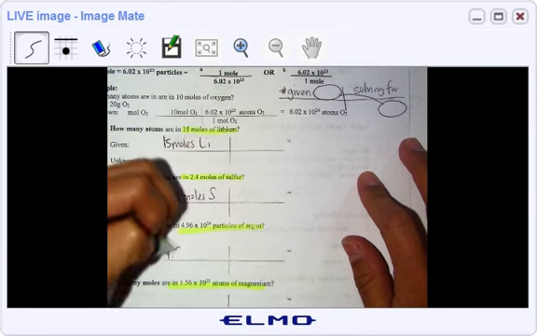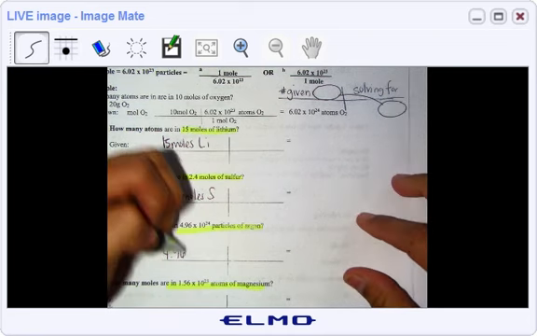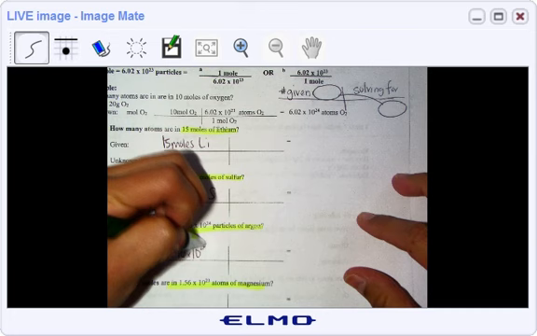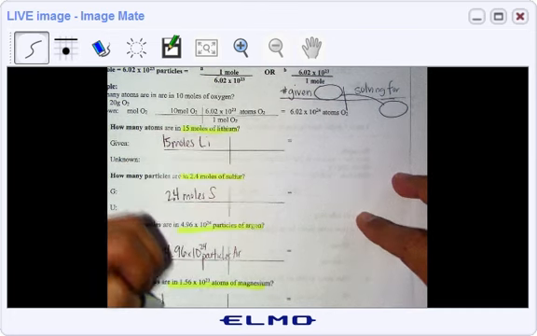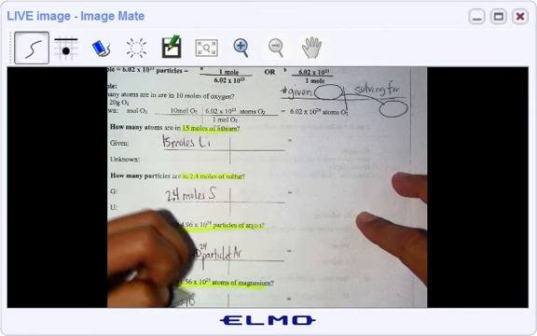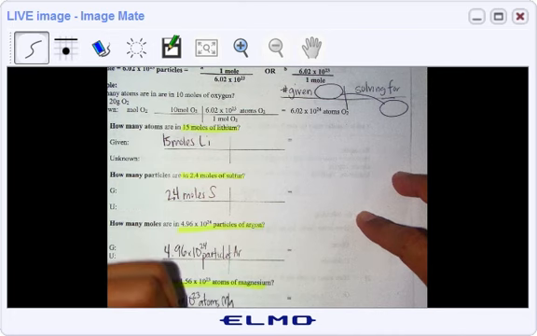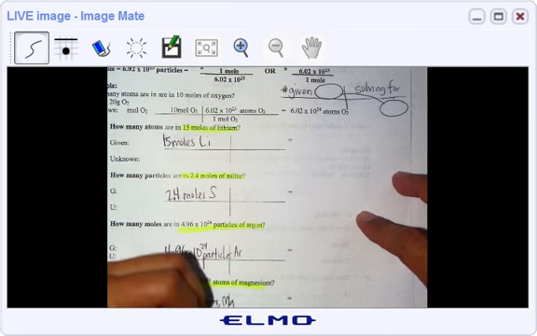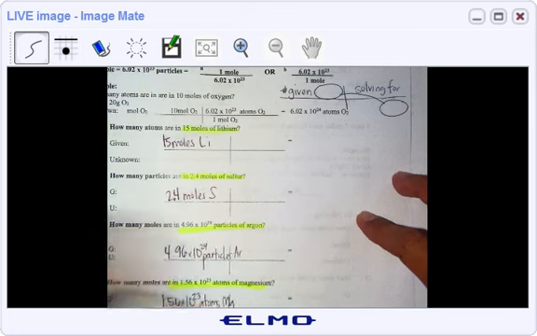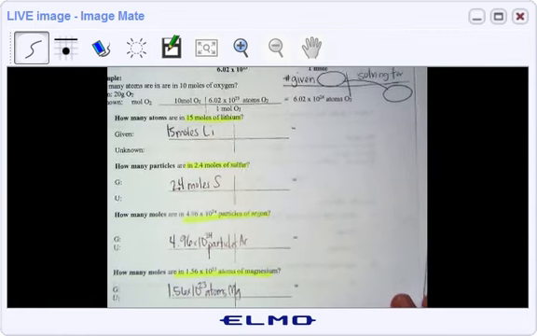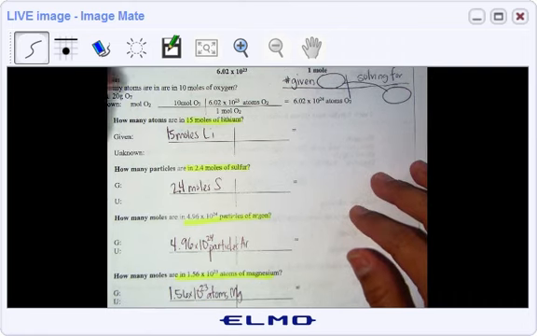I just want you to get in the habit, as soon as you see the number you're given, put it in the top left. Okay, so that's 1/3 of the way done.